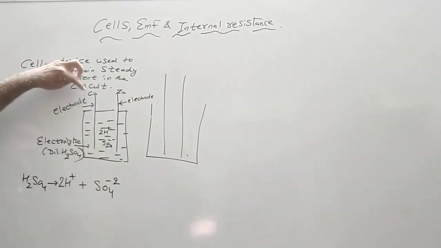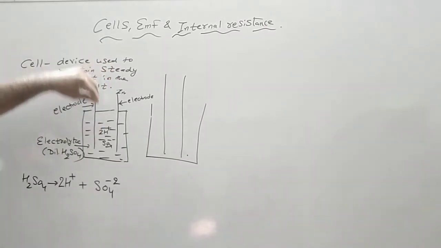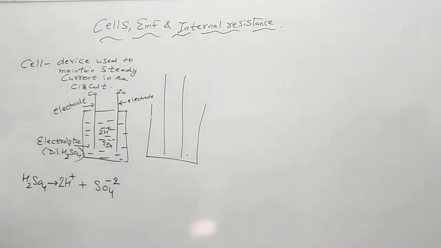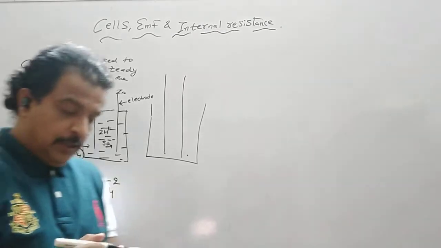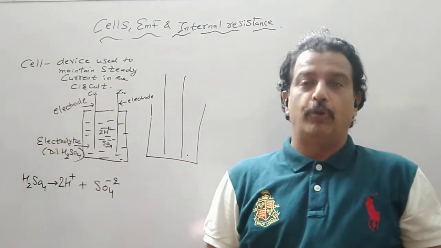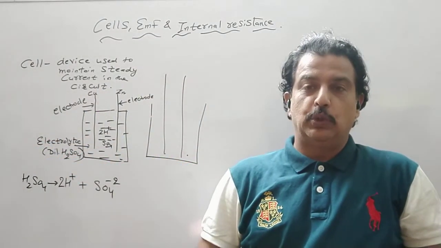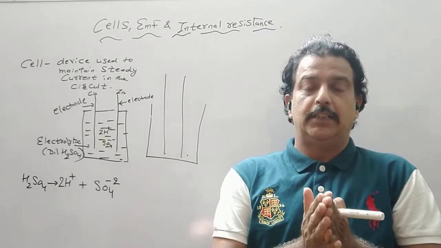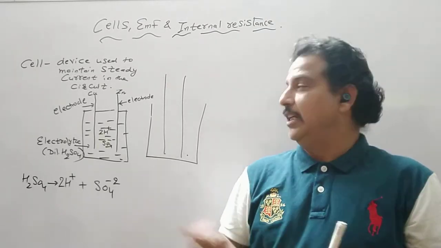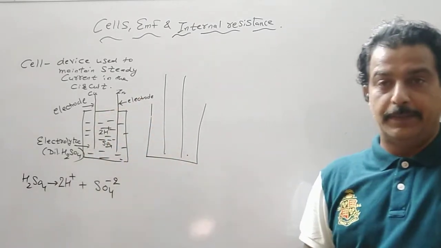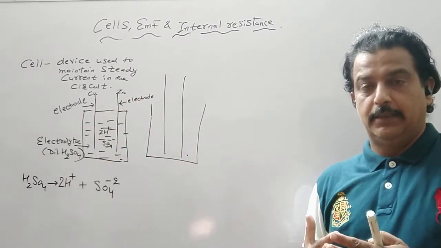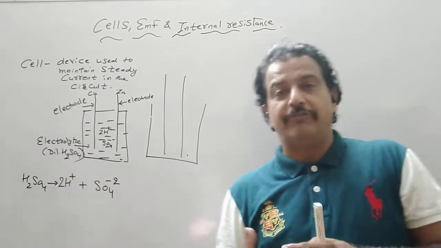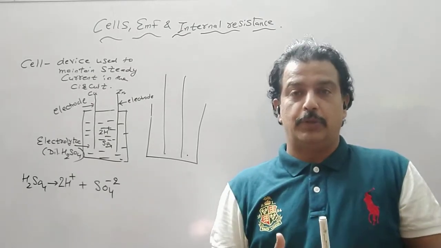Now as soon as these two electrodes are dipped inside the vessel, due to the chemical force, that is, as far as chemistry is concerned, the redox reaction will take place inside the cell. For us, we talk in terms of electric force and chemical force.